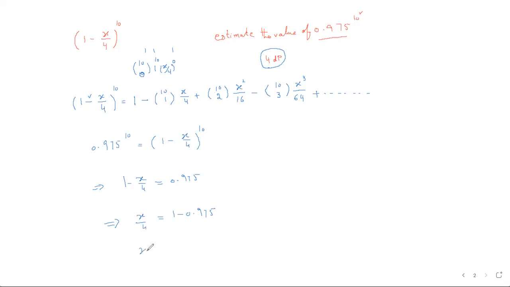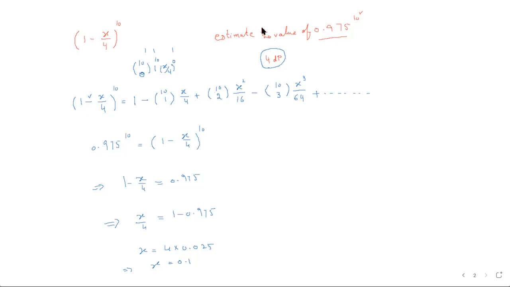So then x is equal to 4 times 0.025, isn't it? So this means x is equal to 0.1. Okay, good.